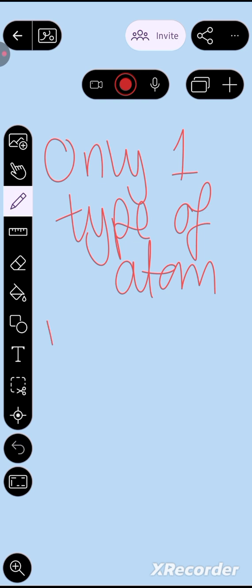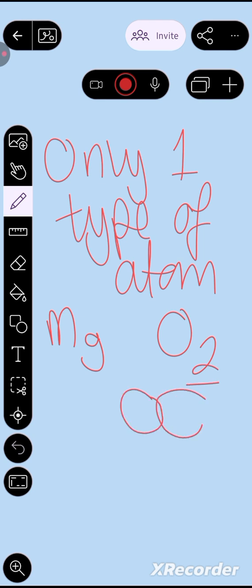So this may be magnesium or O2. Even though there is a 2 here, which would represent a bond between the two oxygens, it's still only one type of atom.